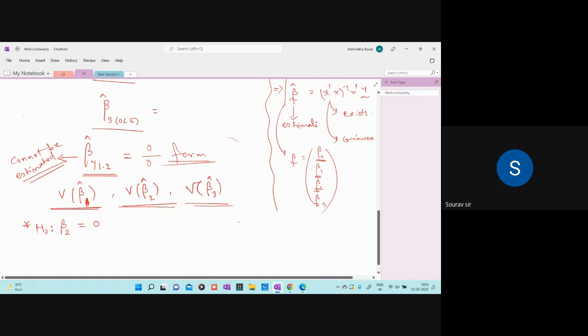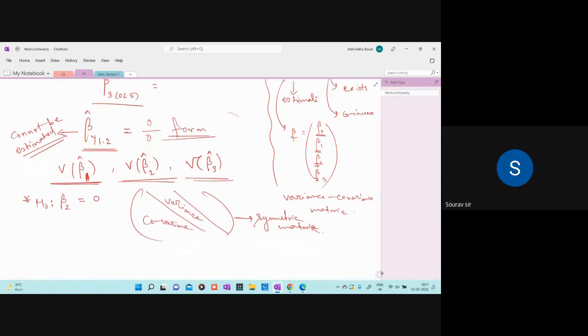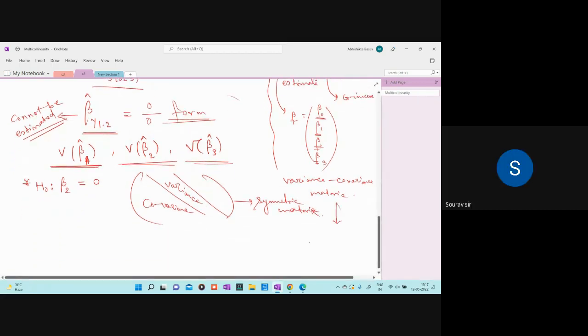And after that, we get the variance covariance matrix, right? Where the diagonals represent the variances and the off diagonals represent the covariances, and it's basically a symmetric matrix. Am I right? So from this variance covariance matrix, you can find the correlation matrix.